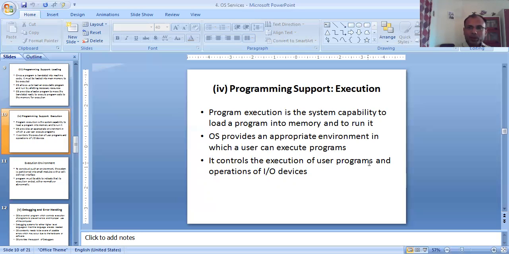After the program is loaded into the memory, the instructions are fed from memory into the CPU one by one, and different other associated mechanisms are there. So operating system provides the appropriate environment in which the user can execute their program. So it also controls the execution of user programs and operation of other input-output devices.